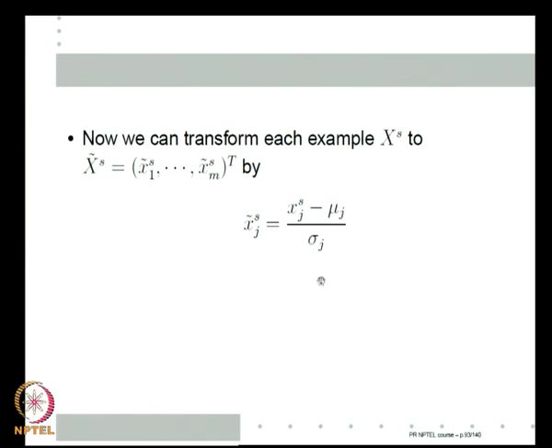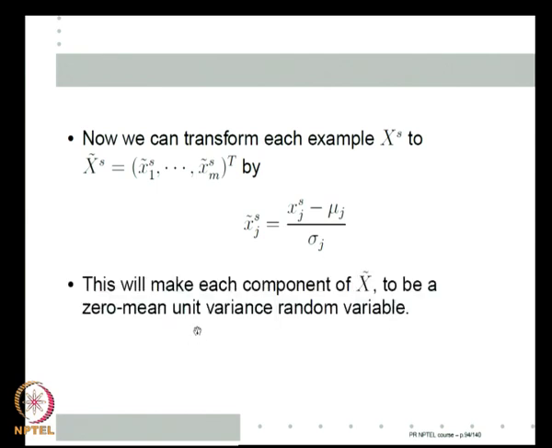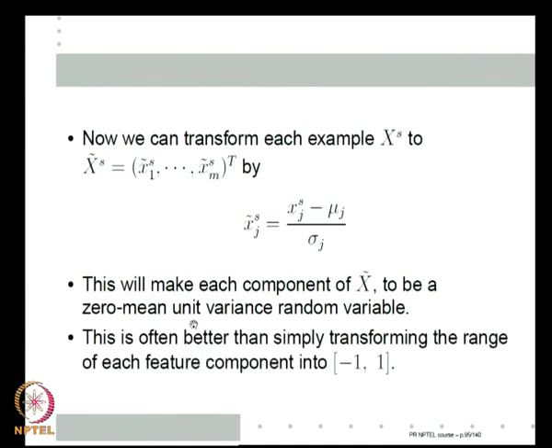So, this transformation will make all the feature components 0 mean unit variance random variables. And often this kind of transformation works better than simply doing a linear transform to bring all feature components to -1 to 1, because here by this 1 by sigma j I am also normalizing the variation in each of these random variables.